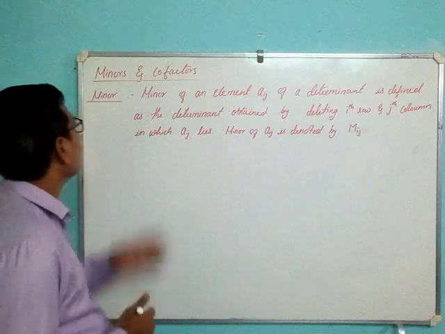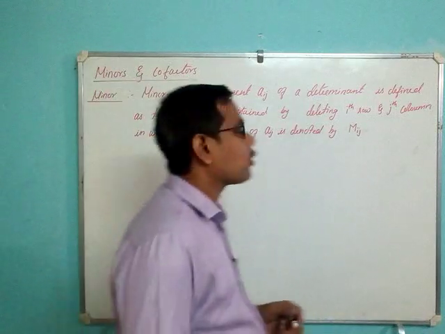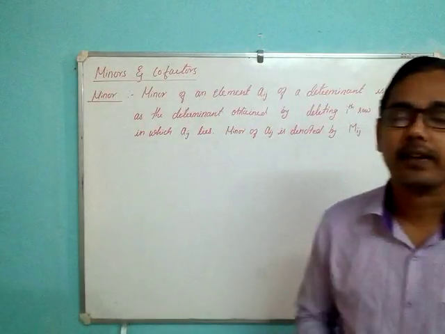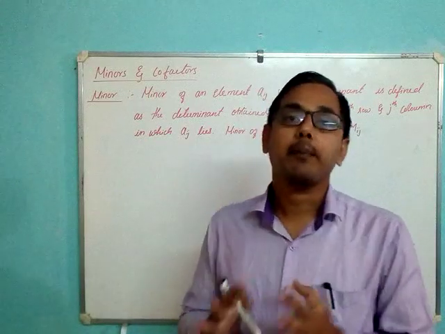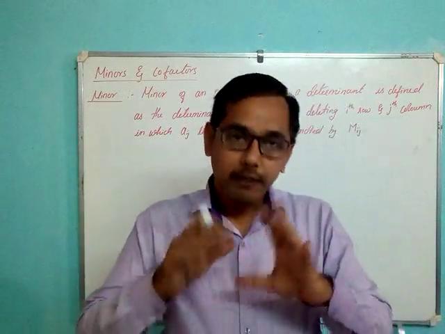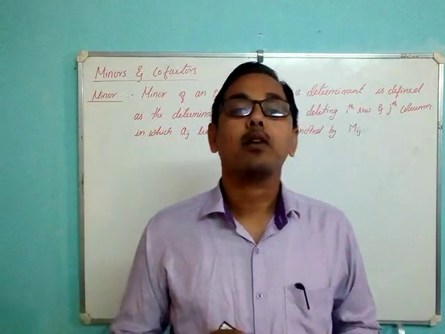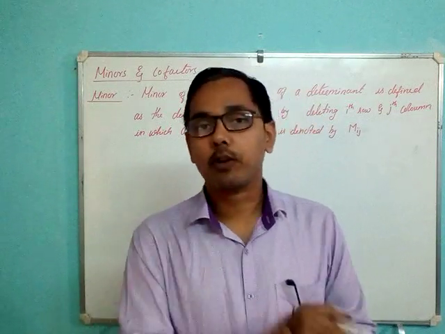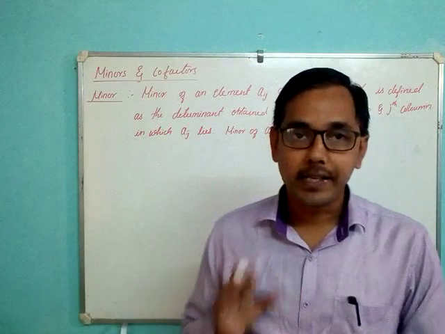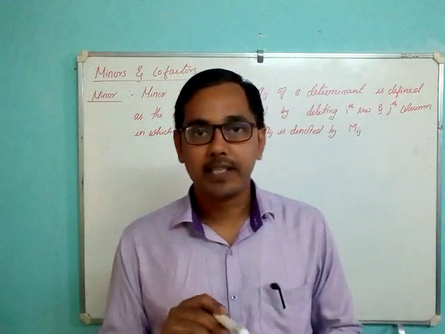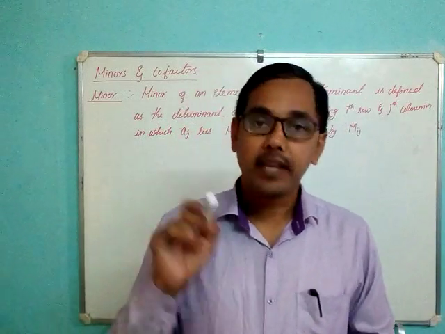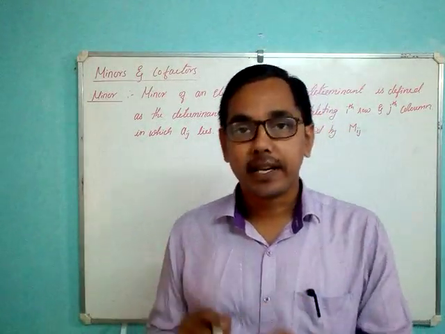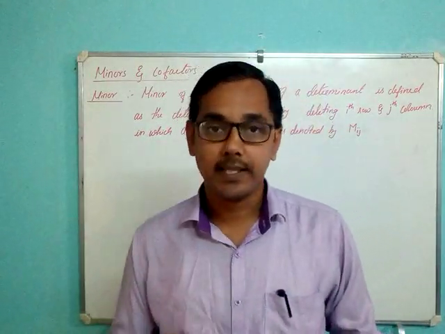Okay, so what are minors and cofactors? First, let us see about minor. What do you mean by minor? If it is a 3 cross 3 determinant, you have to calculate a minor for each and every element. So minor exists for each and every element. In a 3 cross 3 determinant we have 9 elements, so minor exists for all 9 elements, right?